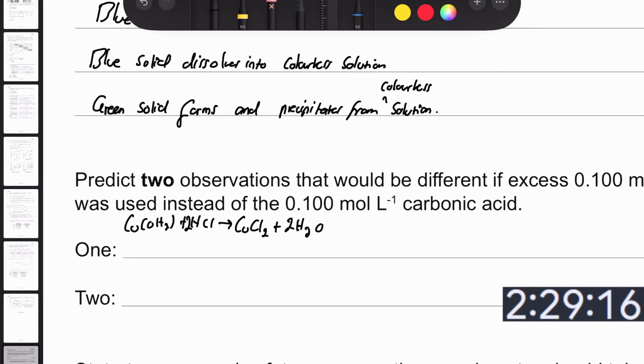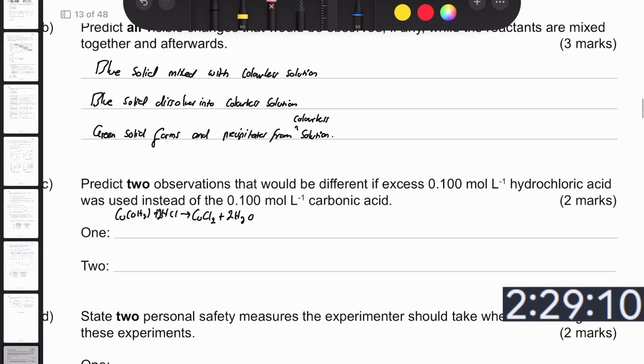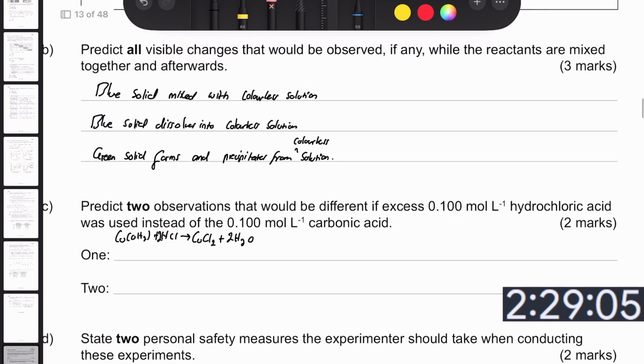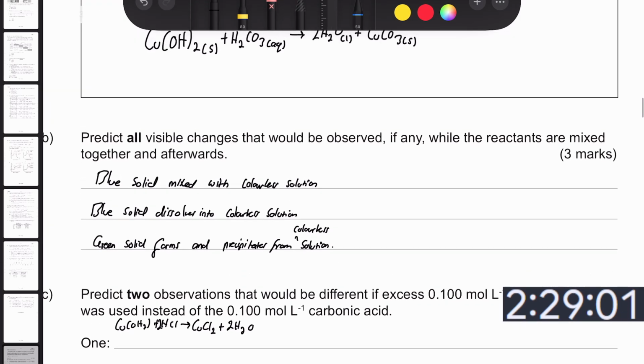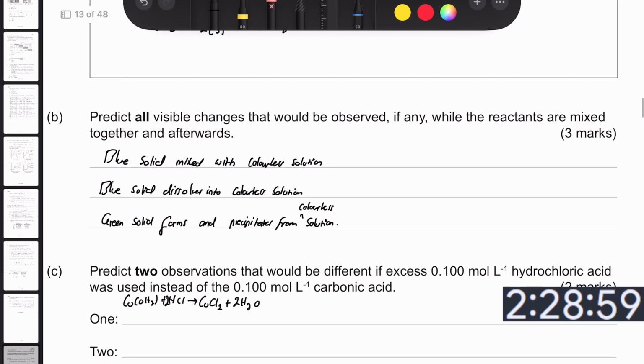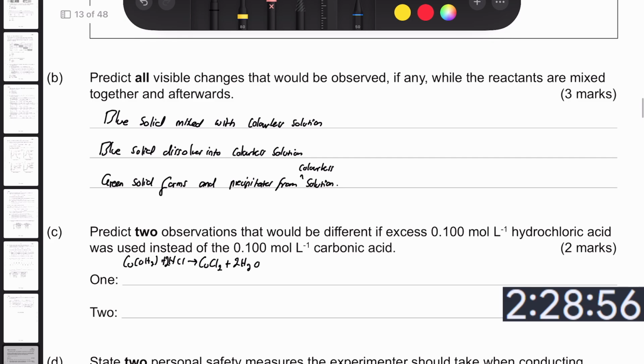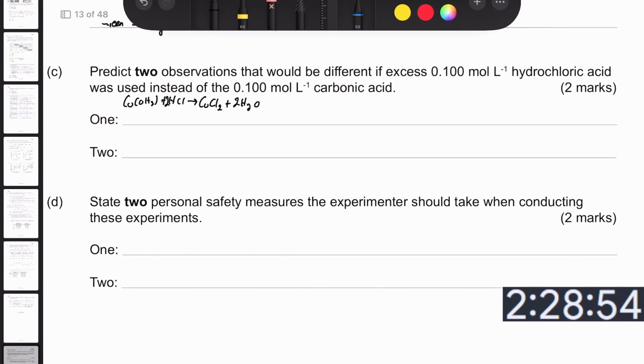And I still make water. I'm going to leave that for now. I have a feeling that my idea of carbonic acid is wrong.